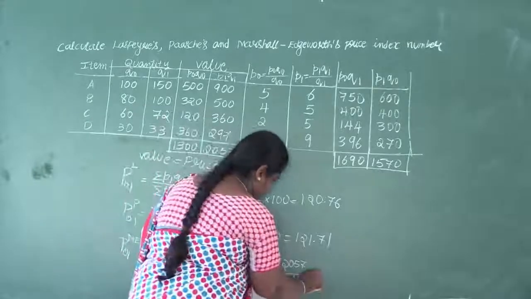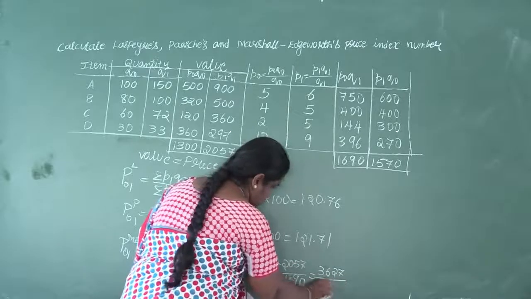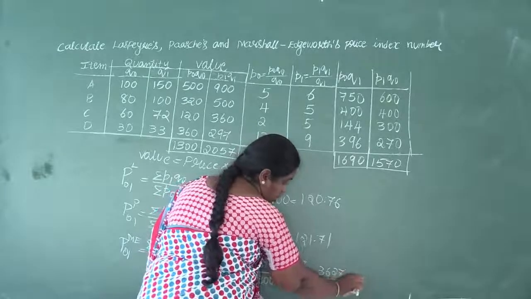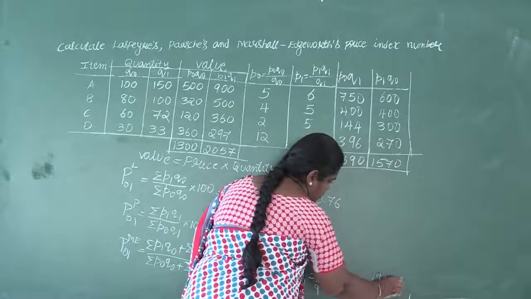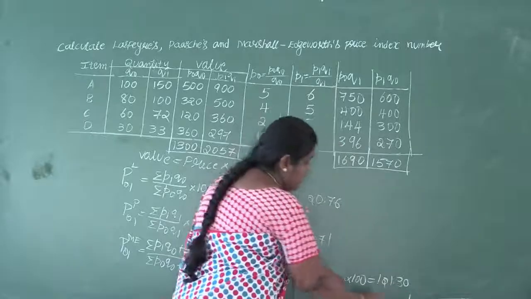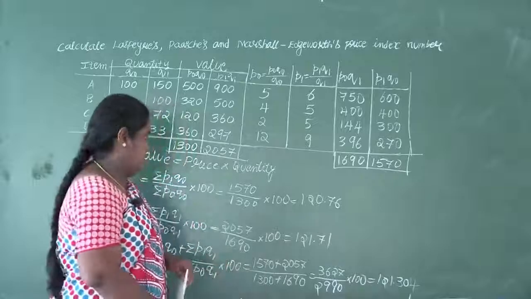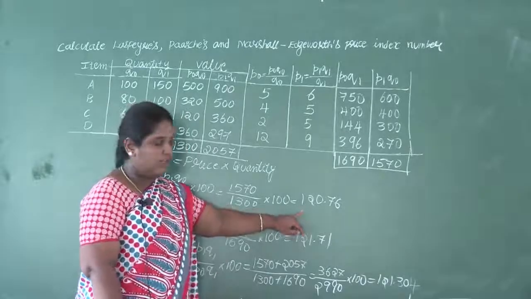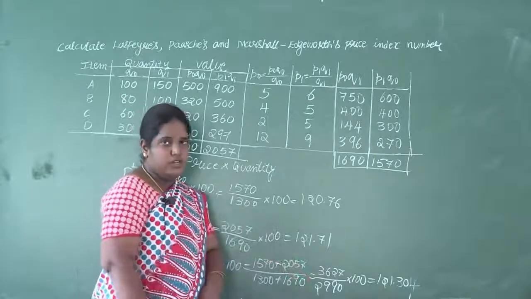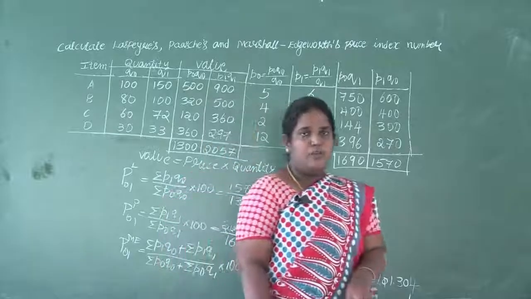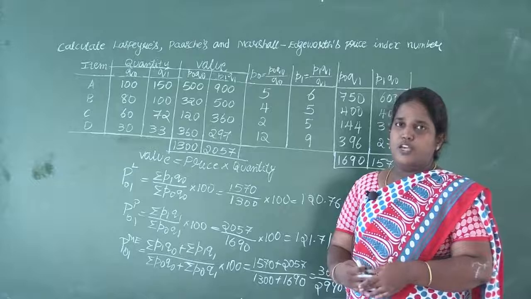When we add, we'll get 3627 divided by 2990 into 100. It is 121.30. Since we got 0 at the last point, I'll take one more digit, so 121.304. So the values are 120.76, 121.71, 121.304.